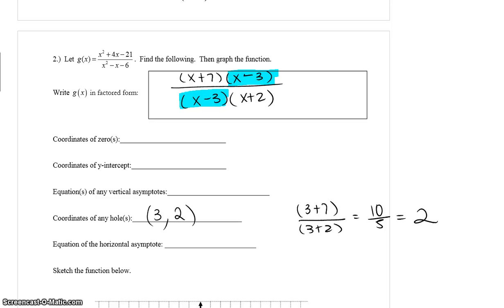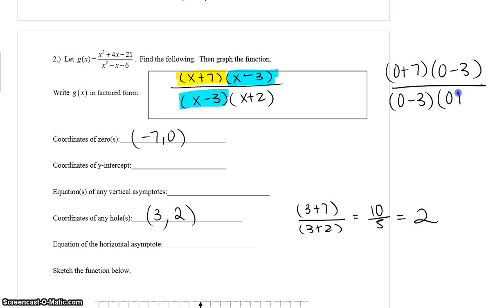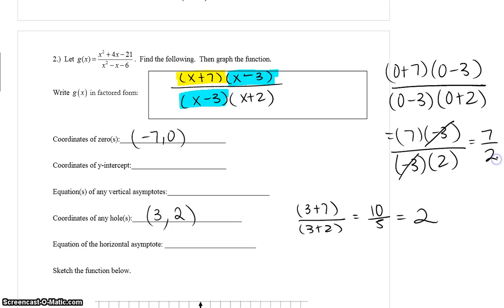Our zero is going to be what's in our numerator. So we have a zero at negative 7. And our y-intercept, we plug 0 in for x. So you have 0 plus 7 times 0 minus 3 over 0 minus 3 times 0 plus 2. And you get 7 times negative 3 over negative 3 times 2. These divide out. You get 7 over 2.